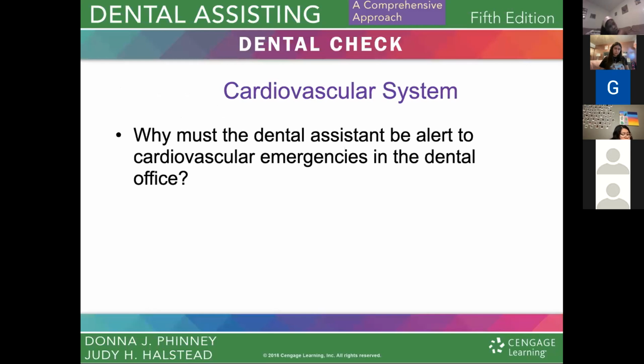All right, who can tell me why the dental assistant must be alert to cardiovascular emergencies in the dental office? Any ideas, any guesses?